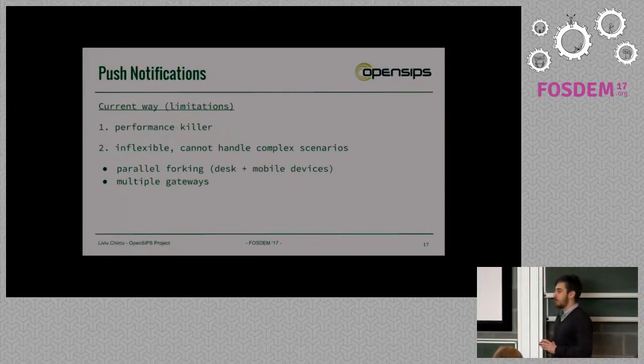It cannot handle scenarios where we'd want to successively ring multiple mobile devices of that user. We can only do it once. Also, the same idea applies to failover to multiple gateways. We are only able to do it once.